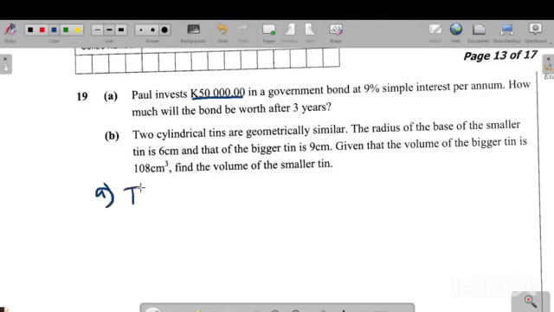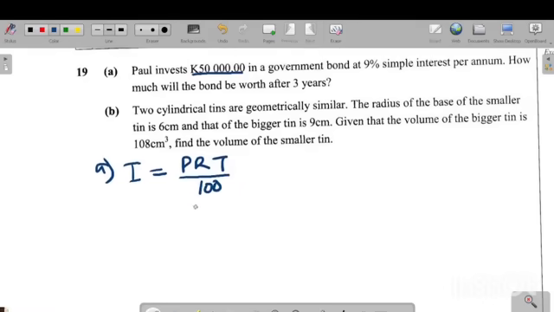So this is simple interest. Simple interest is given by the formula interest is equal to the principal times the rate times time, PRT divided by 100. Okay, this 100 comes from the rate, because the rate is 9%, so percent out of 100.